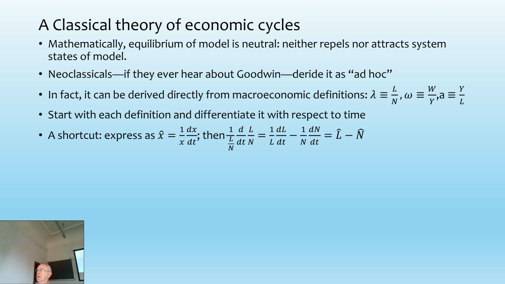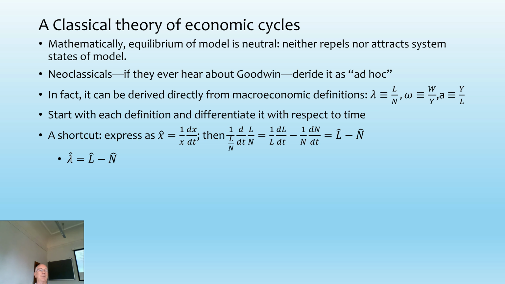So what I want to show you is Goodwin is based on the best possible foundations. You can derive it directly from macroeconomic definitions. So the shortcut I'm going to show you is, this is one of my mathematician friends does this, the difference between a mathematician and a person like myself doing mathematical economics is a mathematician does stuff the easy way. Okay?